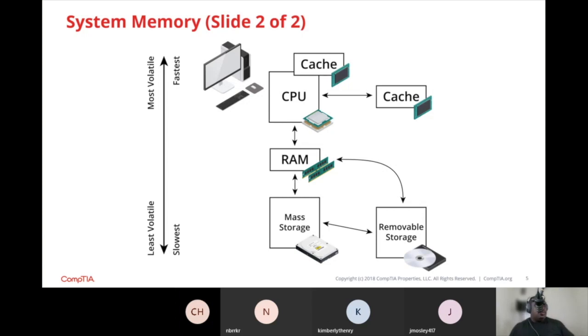The cache moves faster than the regular RAM in your computer, and way faster than your mass storage or your removable storage.